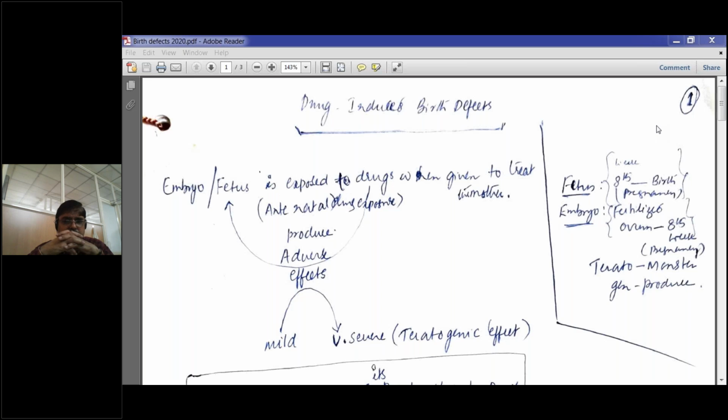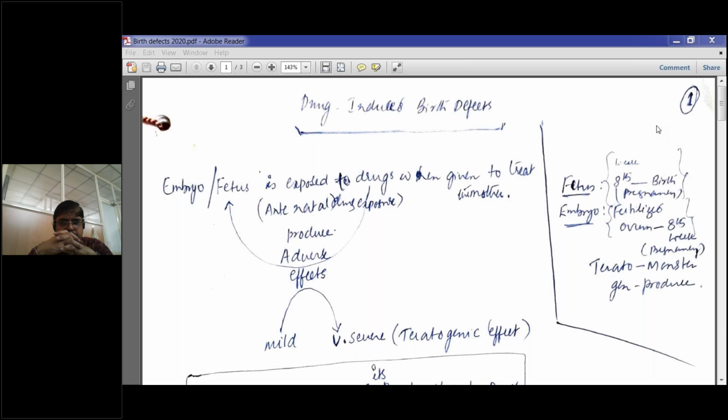Is there any gap between the consumption of the oral contraceptives and the time required to go for pregnancy? Is there any safe time? I don't know about it, I've just heard about it. Okay, you have heard that such contraceptives can cause problems to the growing fetus.